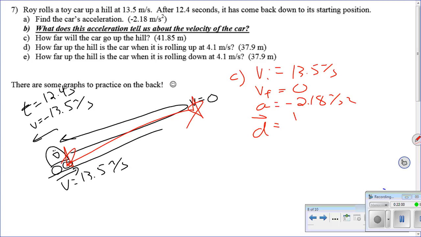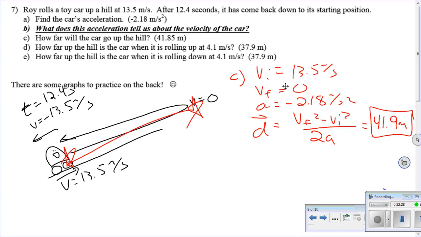So use your vice grip, vf squared minus vi squared all over 2a. And we know all the numbers, so you just plug them in. So you're going to get 0 squared minus 13.5 squared, divide by 2a, your negatives cancel, and you get 41.9 meters or somewhere in that neighborhood. Now, depending on how you round, because I'm sloppy about my significant digits, you might get a little bit more or a little bit less, and that's fine as long as you're in that neighborhood.